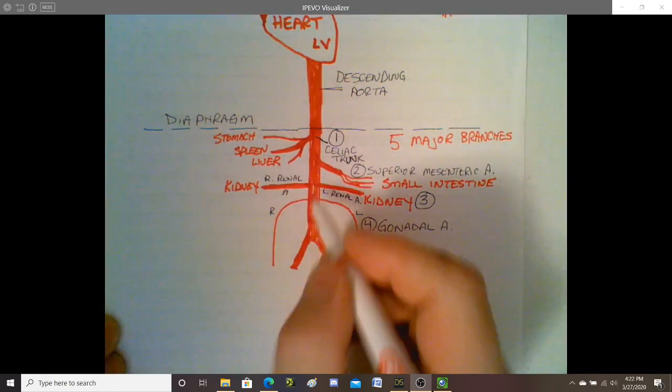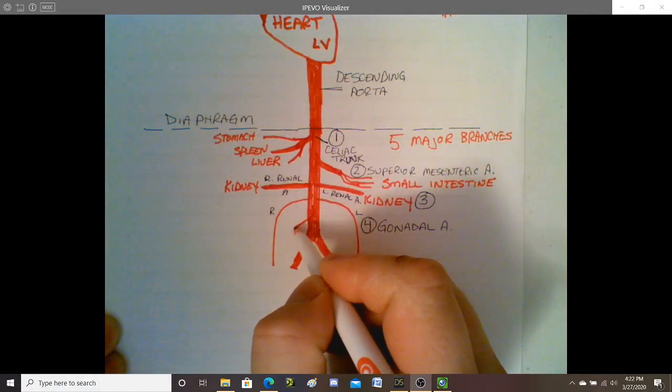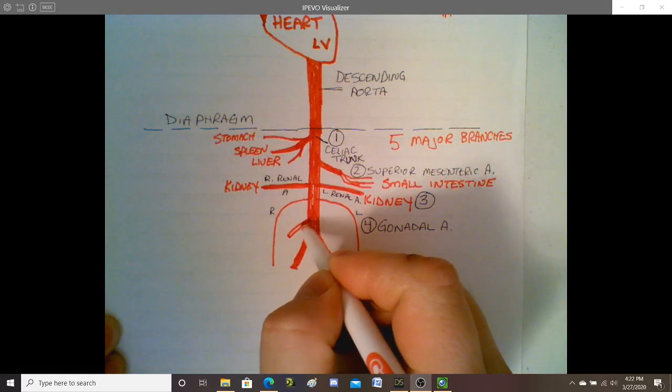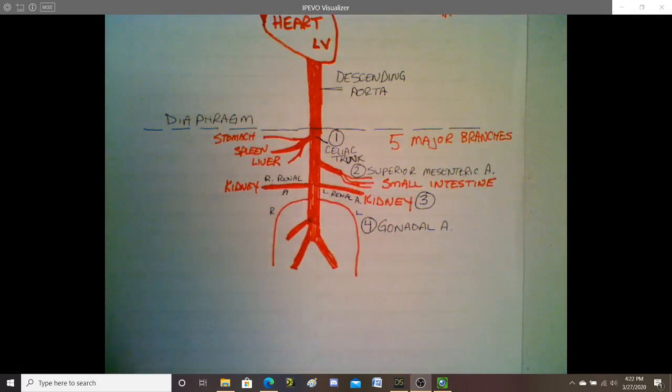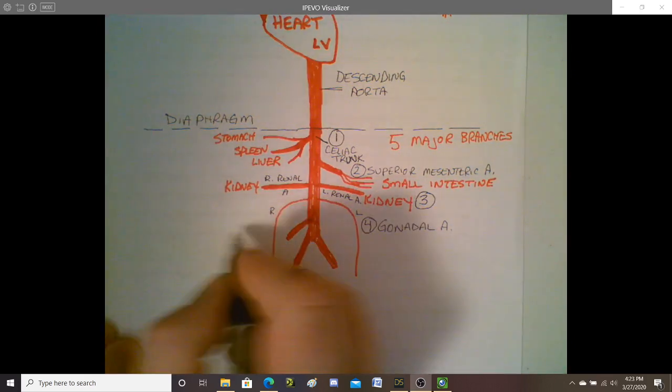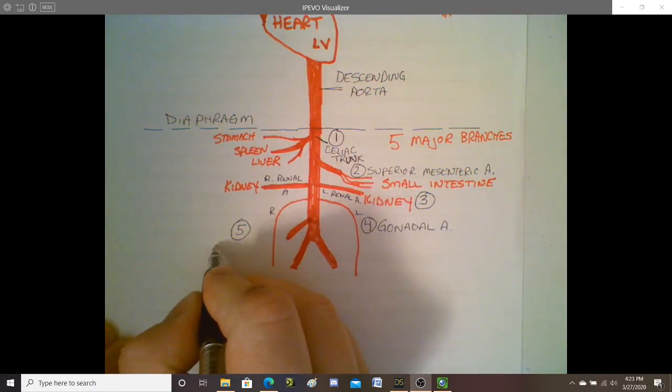And then coming off before the branch, we have one final branch coming off. And this branch is number 5. I'm going to put it over here. It is the inferior mesenteric.